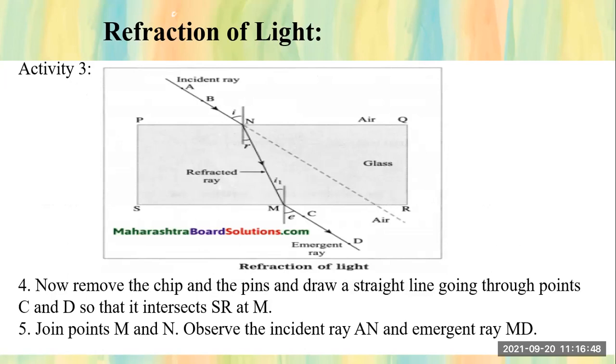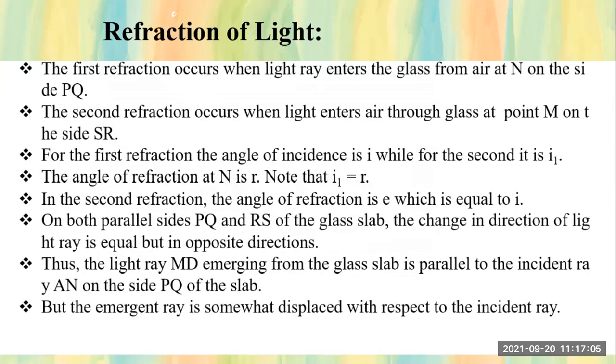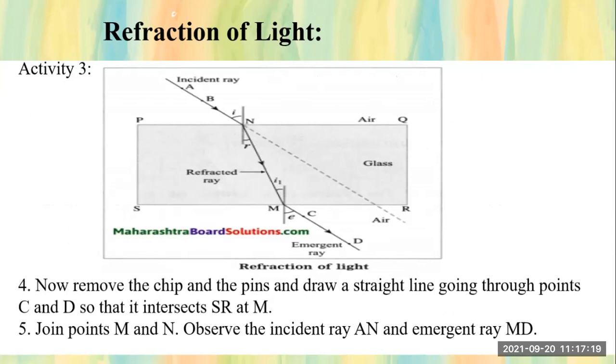Number one is when the light ray is entering from the air medium to the glass medium, right? From air medium to glass medium. So there is a change in the direction of light. The second refraction occurs when light enters the air medium through the glass medium at point M on the side SR. Now see on the side SR, this is the time when the second refraction is taking place.